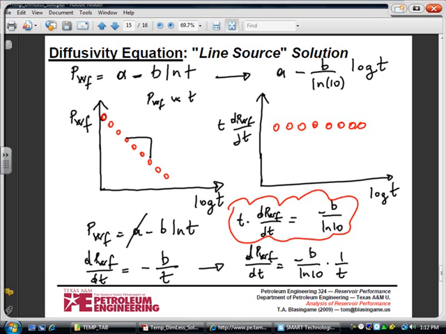When you have the pressure data, and then you take the derivative of your pressure data, and if the data seem constant on the plot, then what do you understand? No. Yeah, correct.